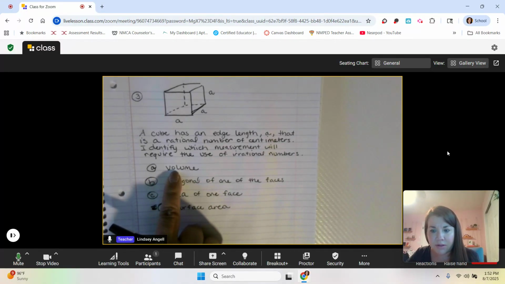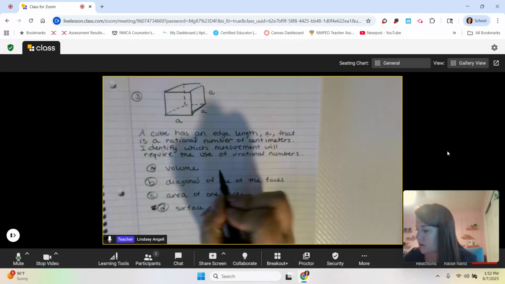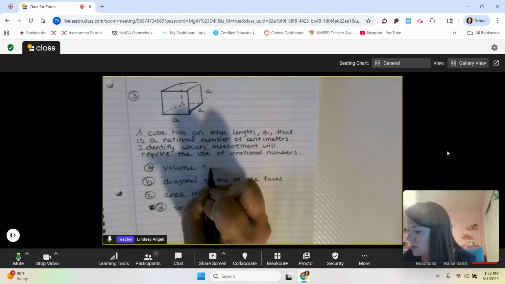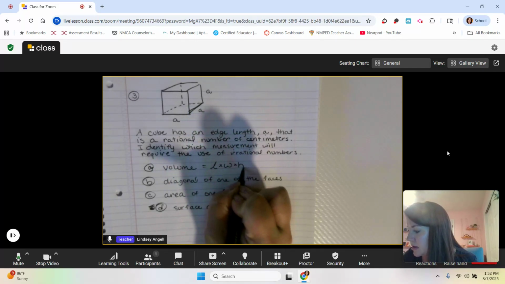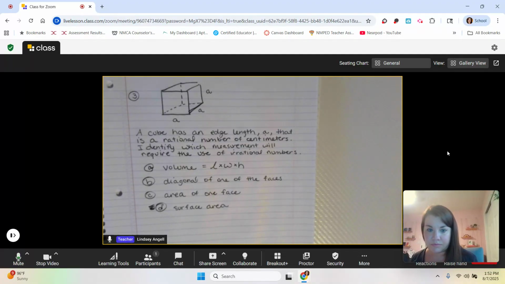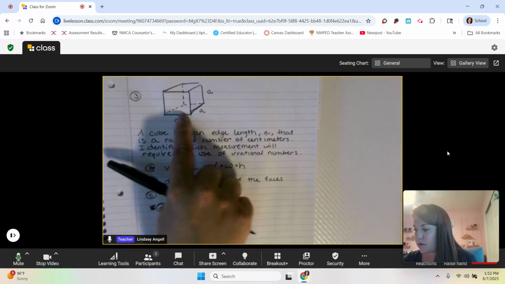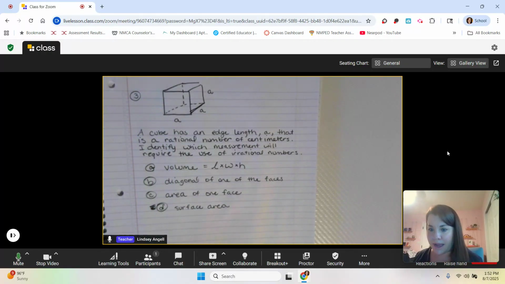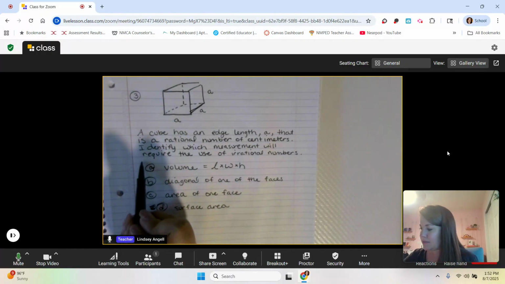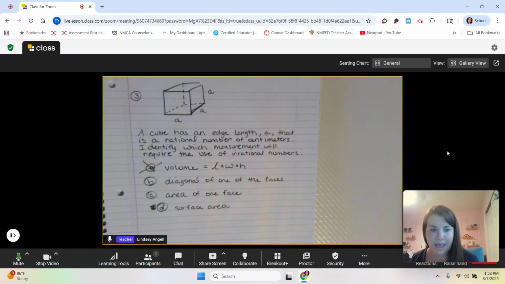How do you find the volume of a cube? Well, that equals the length times the width times the height. I have all of those values. They're all A. Here's my length, here's my width, here's my height. And those are all rational numbers. So it can't be answer A.